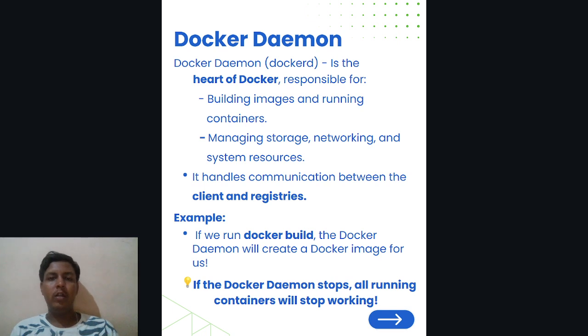Similarly, we have the Docker daemon for containerization in Docker. Basically, it manages storage, networking, and system resources. It handles communication between the client and registries as well. For example, if you run Docker build, the Docker daemon will create a Docker image for us. If the Docker daemon stops, all running containers will stop working automatically.